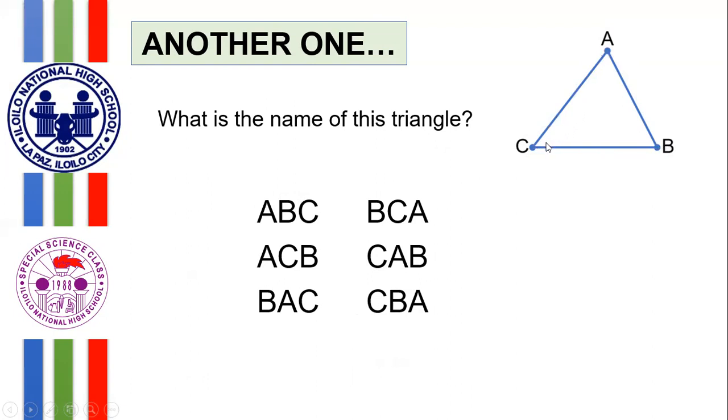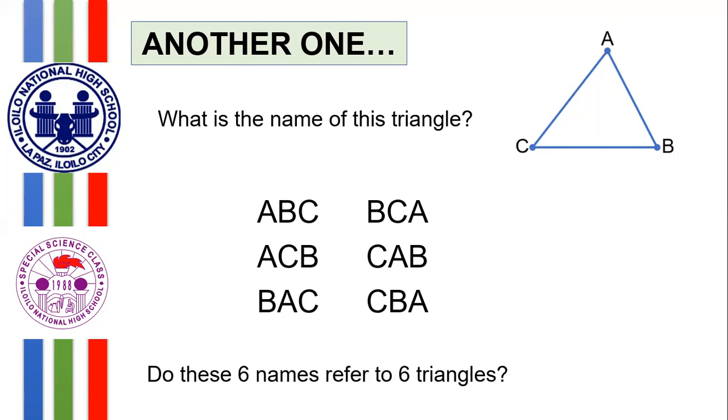You could also have CAB, which is here. Or if you go counterclockwise, you have ACB here. We could also have CBA, which is here. And lastly, BAC. So therefore, these are the 6 possible names of this triangle.